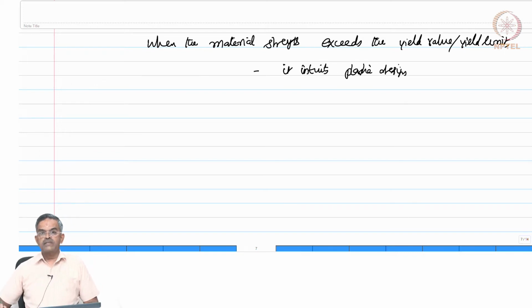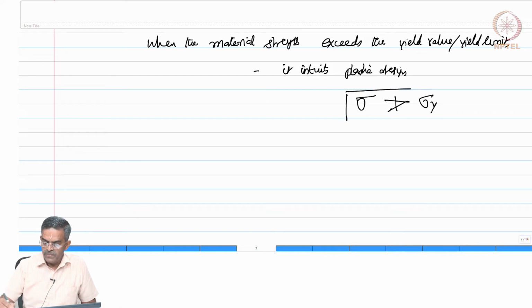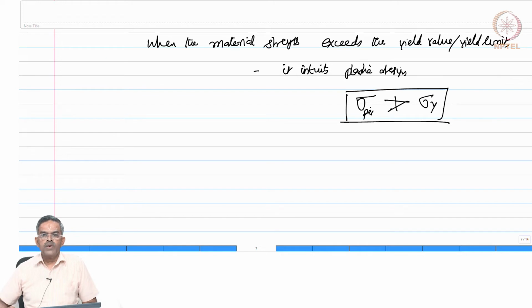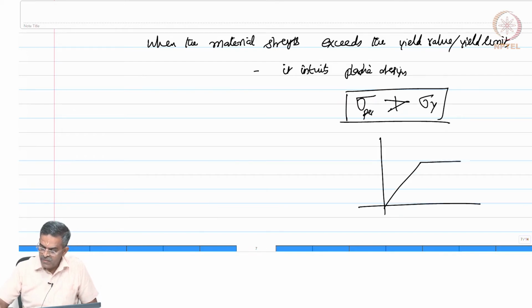Though in plastic design, the permissible stress cannot exceed the yield value. So, we can stress the material only up to the yield, but looking at the modified elastoplastic curve, this is an idealized elastoplastic curve of steel.